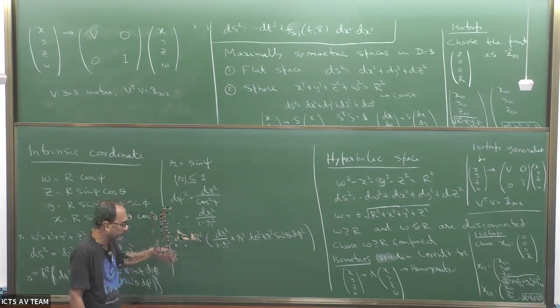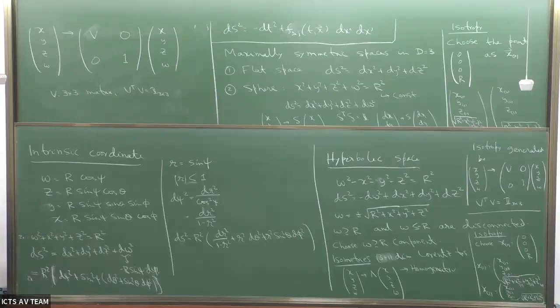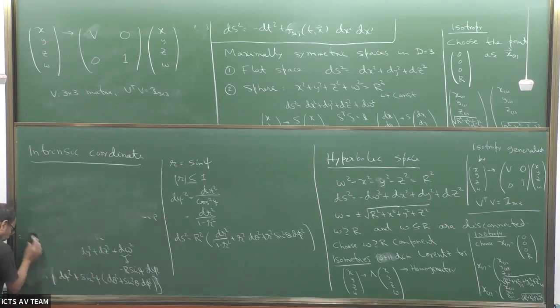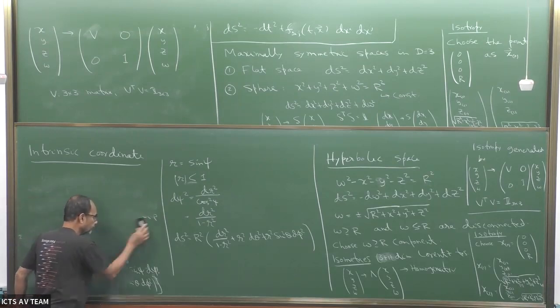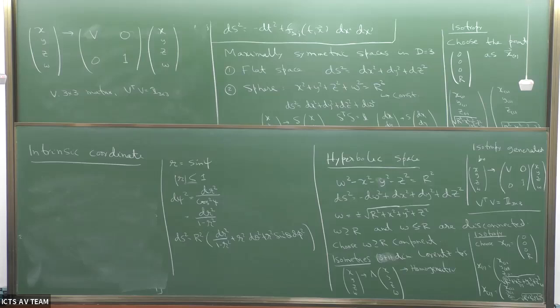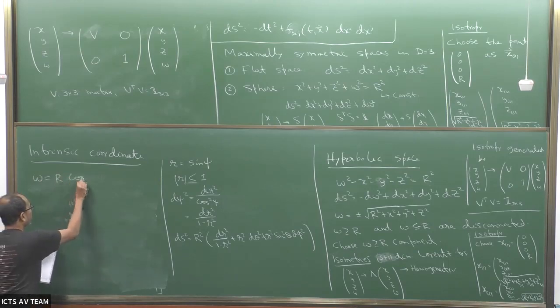Okay, so let me write this, and I'll not explain it very much because it's already implicit in what we have done for the sphere. So we write the change of coordinate: w equals r cos hyperbolic psi.